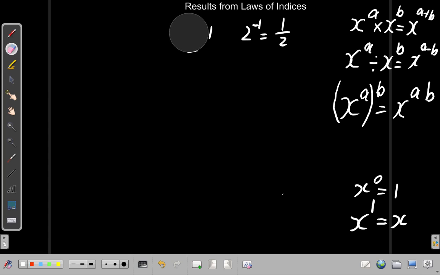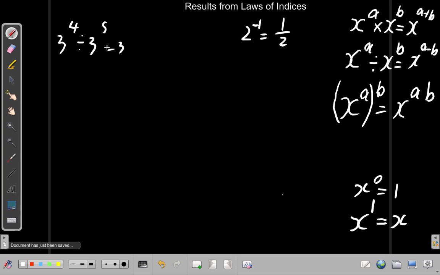Let's try again with another number. 3 raised to the power of, say, 4 divided by 3 raised to the power of 5. That would be 3 to the 4 minus 5 according to the law of indices, which is 3 to the negative 1. What we would have here is 3 by 3 by 3 by 3.